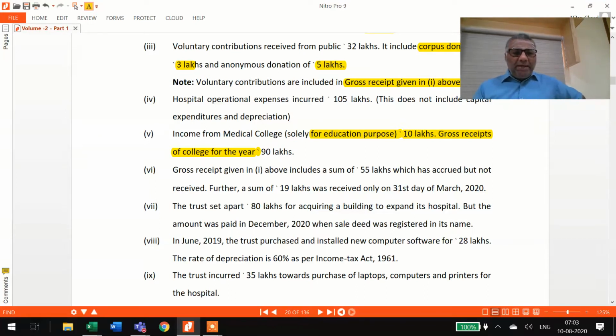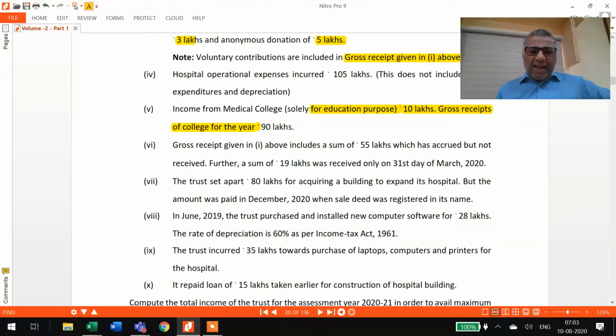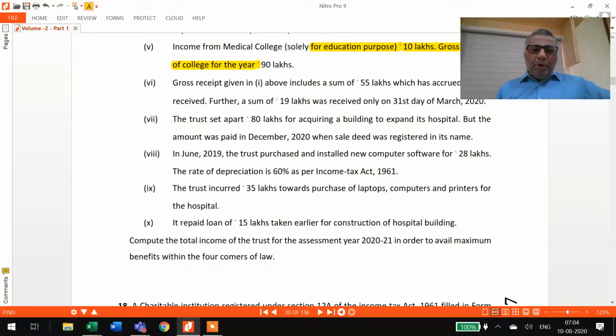In June 19, the trust purchased and installed a computer of 28 lakhs, rate of depreciation now 40%. The trust incurred 35 lakhs towards purchase of laptop, computer and printers and repaid a loan of 15 lakhs taken earlier. Compute the total income of the trust in order to avail the maximum benefits as per law.